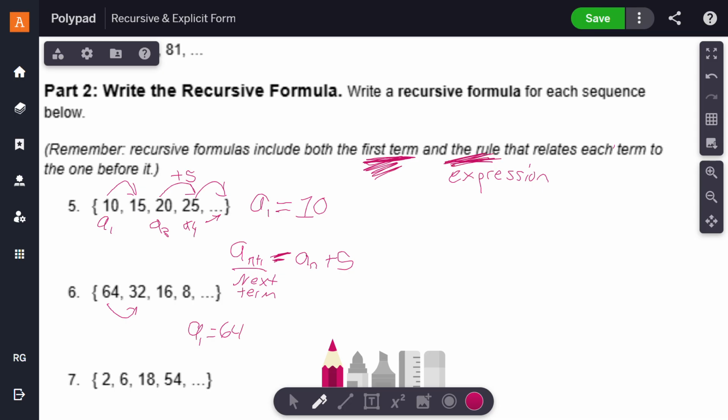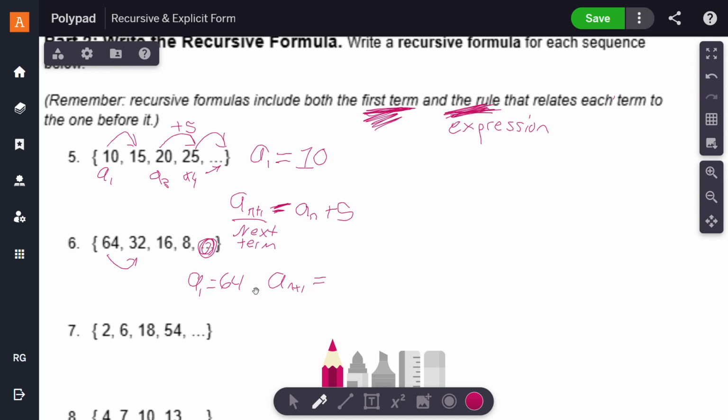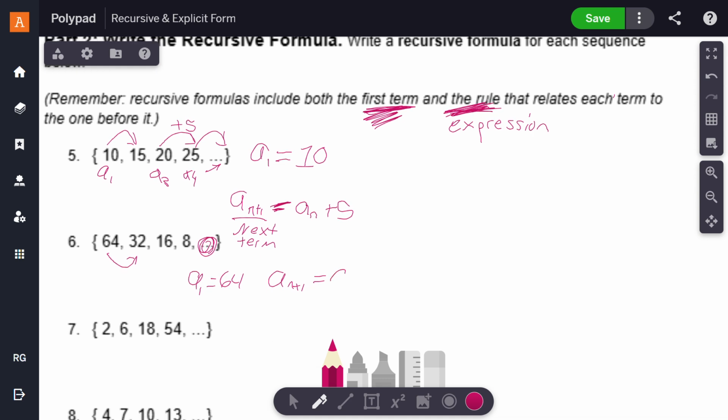And now we need the rule or the expression to continue this pattern on forever. That would be our next term, An plus 1, is going to be equal to, scroll down just a little bit, right? Any term number we pick to go to the next term, we're going to need to divide by 2.